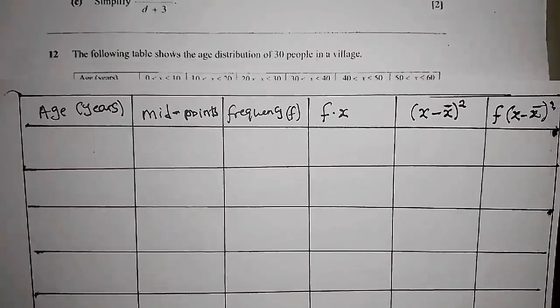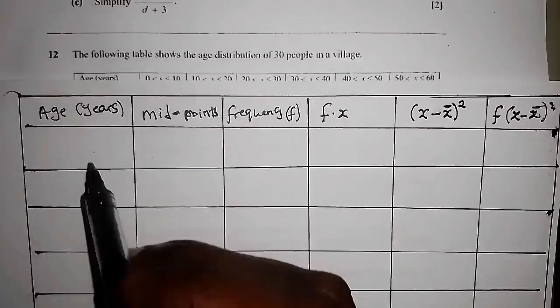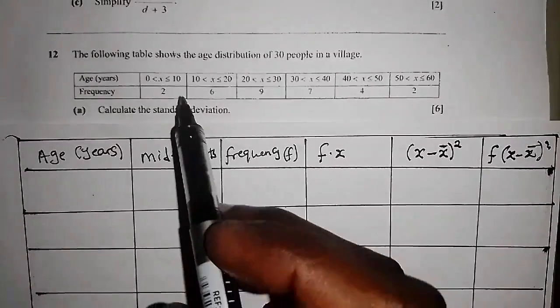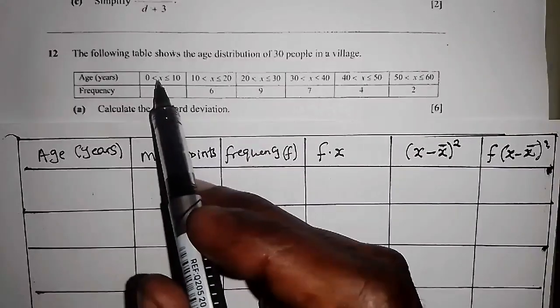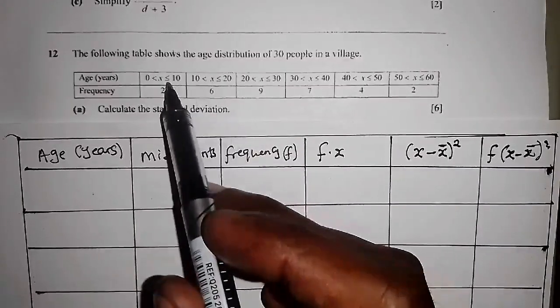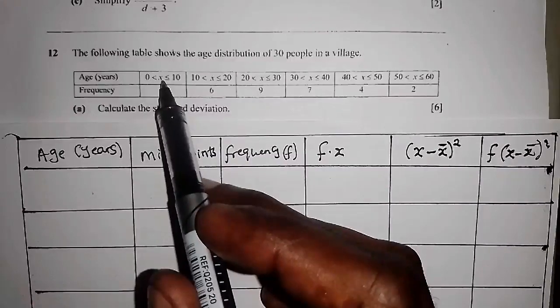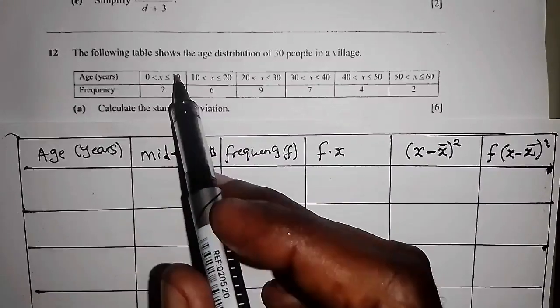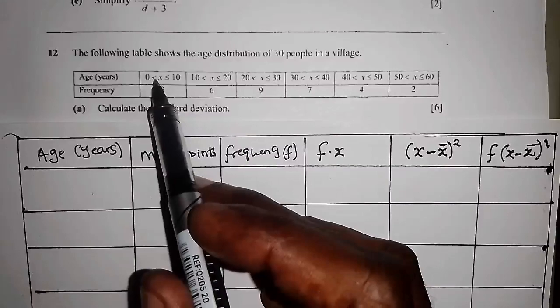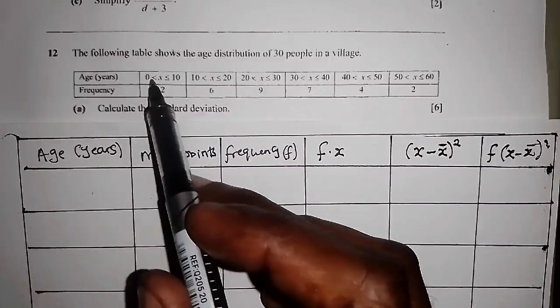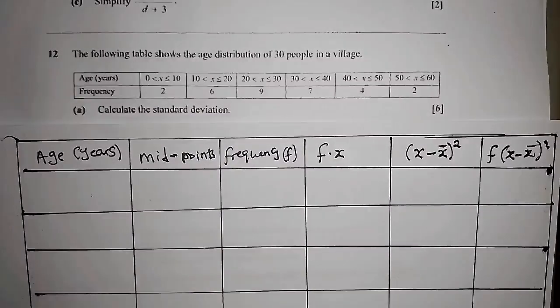Now on the age row, what you're getting is simply these values with the symbols there.